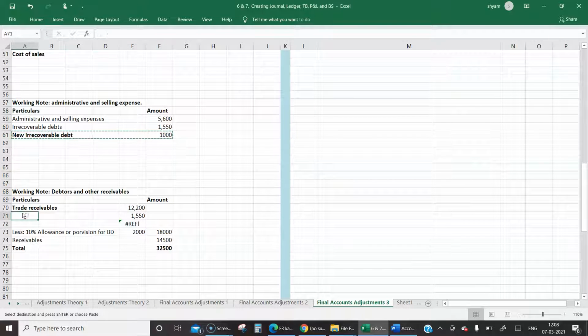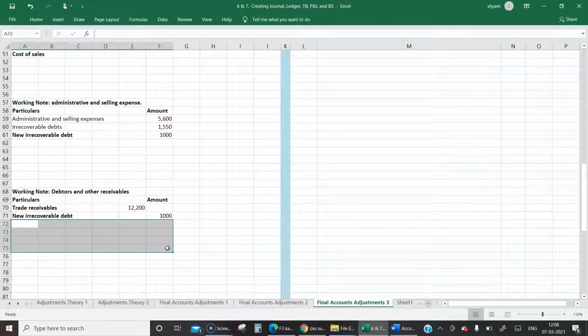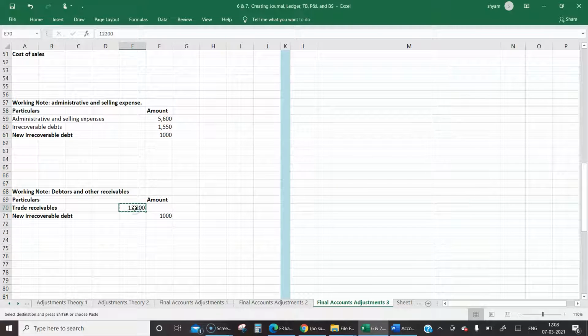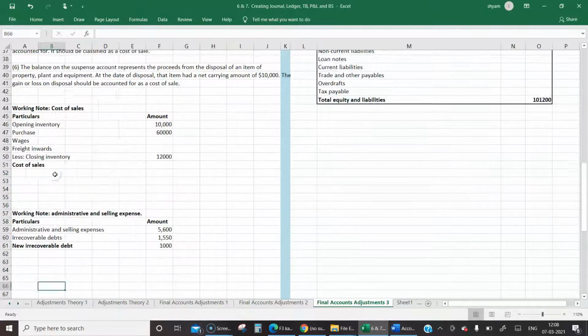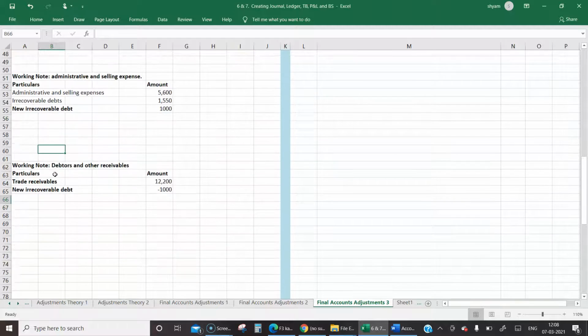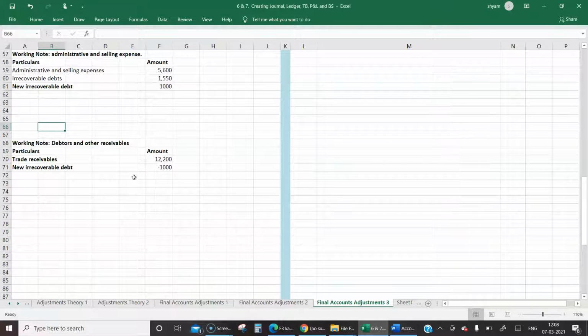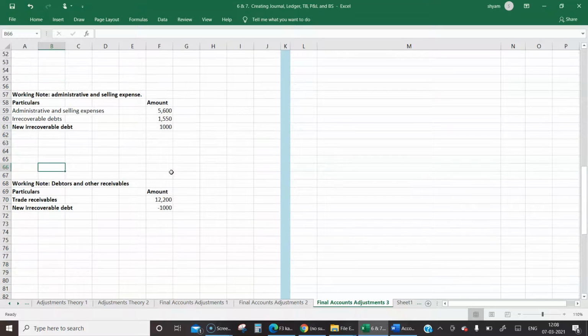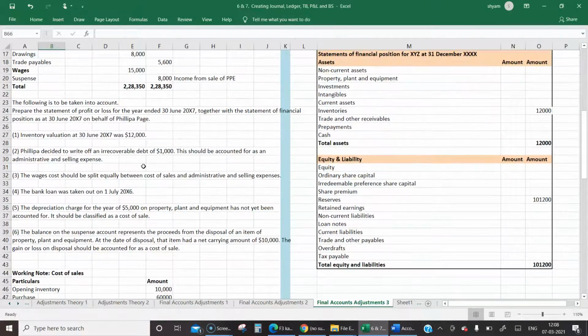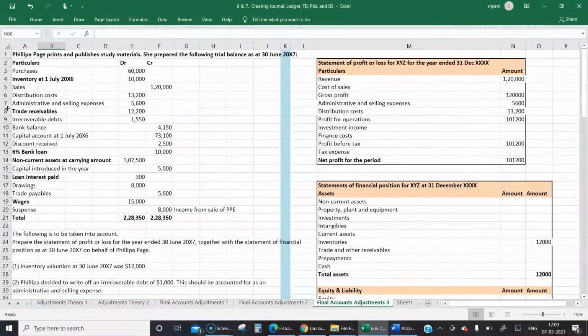We already have trade receivables here, and we have to adjust that. Already we have 12,200. Now we have to reduce this by 1,000, so we'll put minus there, and it will get reduced. Have we adjusted in two places? Yes. This goes to the SOFP, and we have adjusted one. This goes to the SOPL, and we have adjusted that also. So two times we have adjusted. We'll move on.